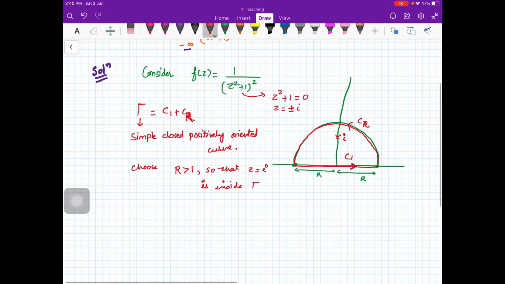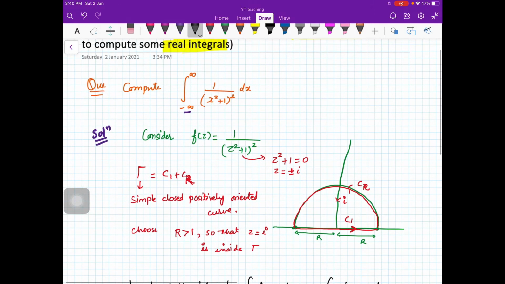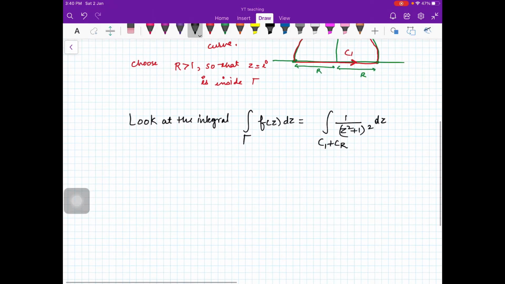Now look at the integral over tau of f(z) dz. f(z) is 1 upon (z square plus 1) whole square dz, and tau is your C1 plus CR. Let me call this original integral I, just a name.